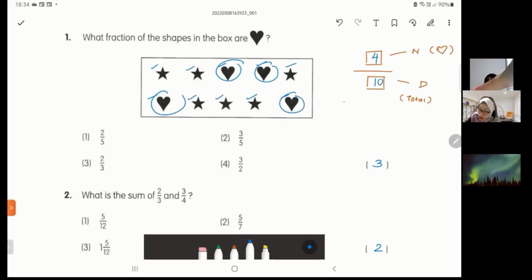So 4 out of 10 can be divided by the same factor, the same number, divide by 2, divide by 2, equals to 4 divided by 2 is 2, over 10 divided by 2 is 5. So my answer is 2 over 5. Answer is number 2. All right.